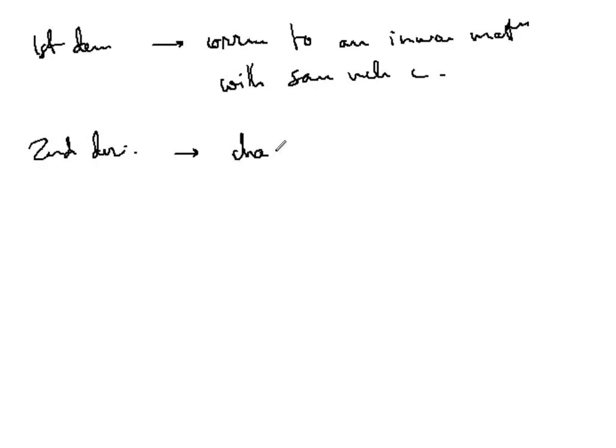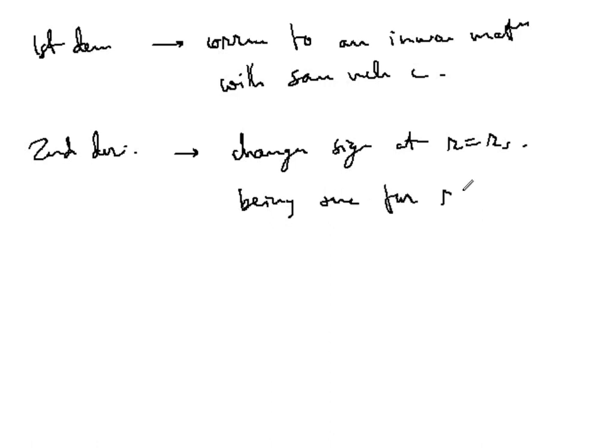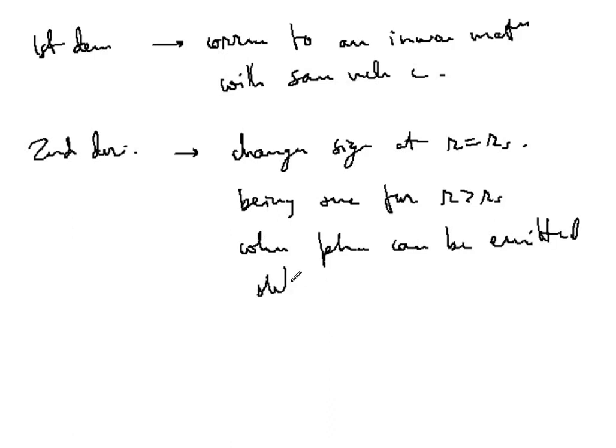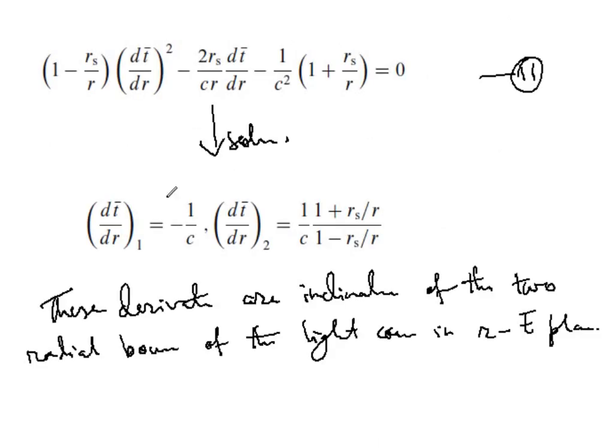It changes sign at r equal to rs, being positive for r greater than rs, where photons can be emitted outwards, dr greater than 0.